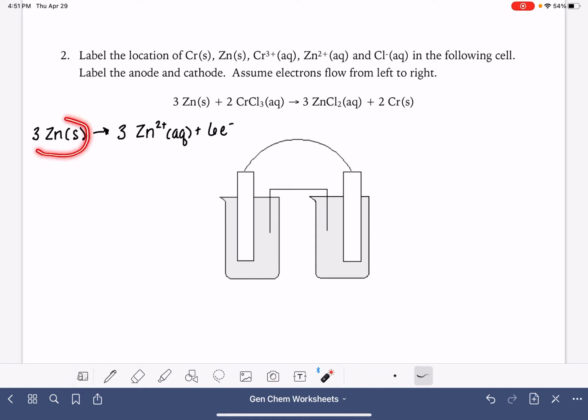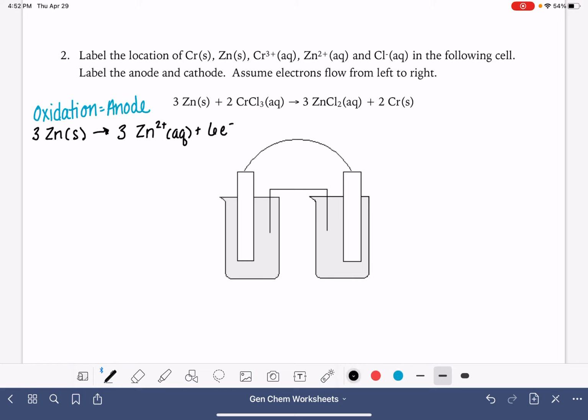In order for these 3 zinc atoms to be turned into cations, they're each going to have to lose 2 electrons. There are 3 of them total in this equation. 3 times 2 is 6 electrons being lost. This is an oxidation reaction. We can label that right now because electrons are being lost. This is going to be taking place at the anode.